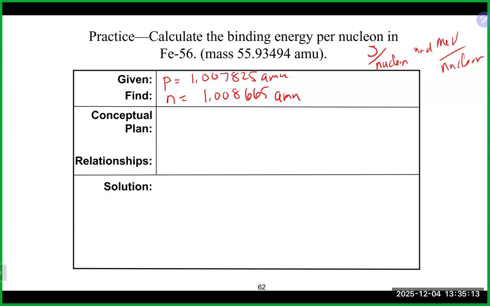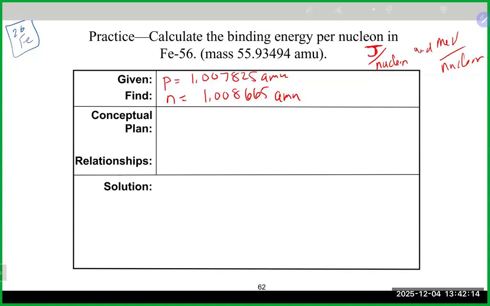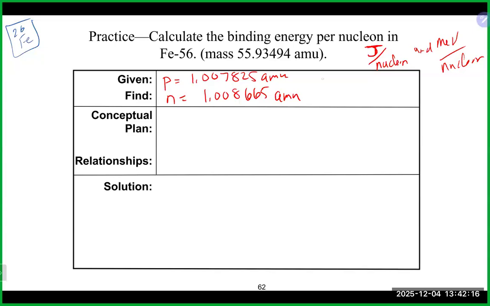Should be 26 iron, I believe. Okay, let's take a look again. You do have two options as to how to do this, as we talked about earlier. You can use E equals MC squared.